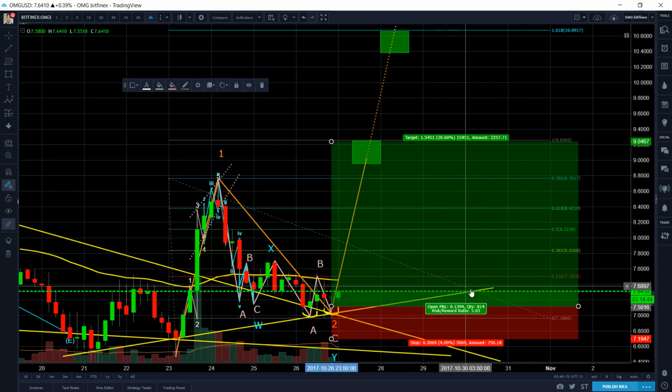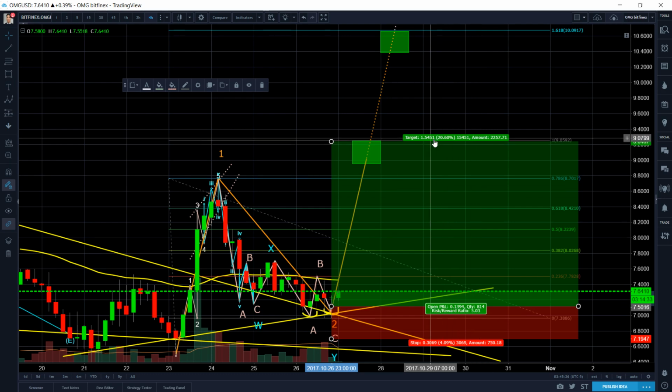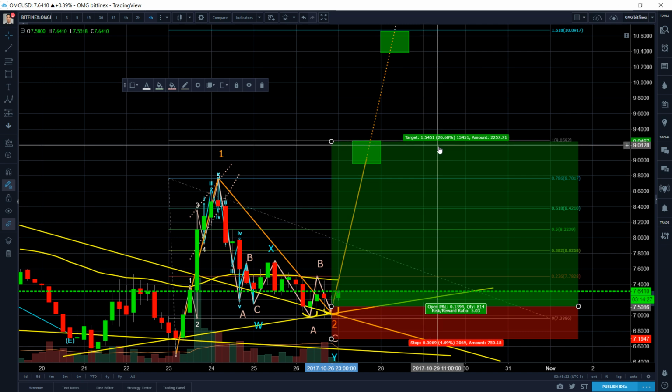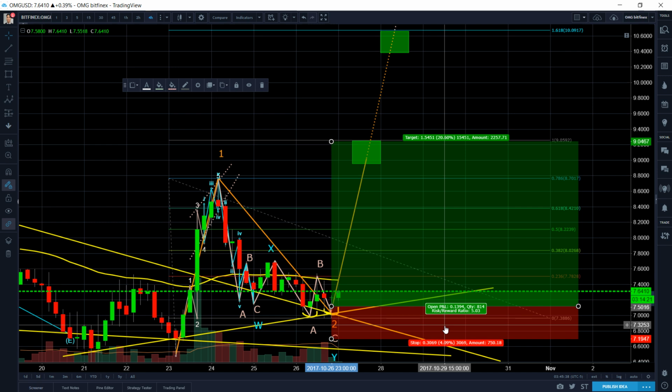Now, how do we calculate this risk reward, 5.01? What does that mean? What this means is for every OmiseGo coin, I have the potential to gain $1.54 per OmiseGo coin if it hits my target. But my stop loss, or my risk rather, is I have a chance to lose 30 cents right here.